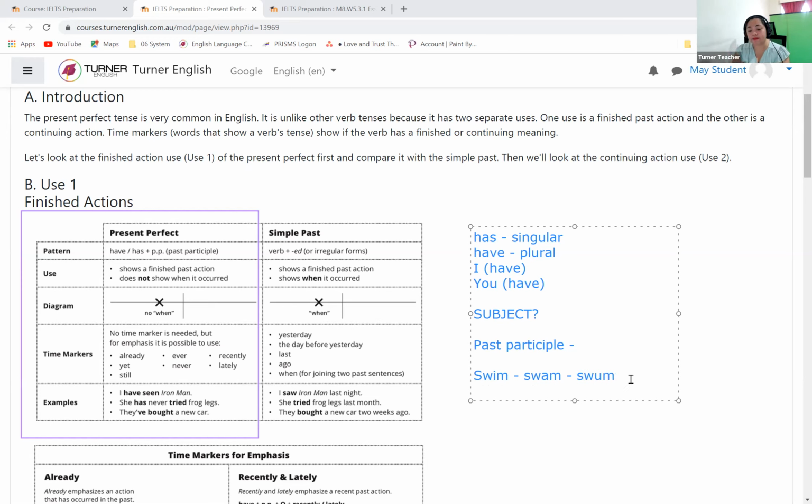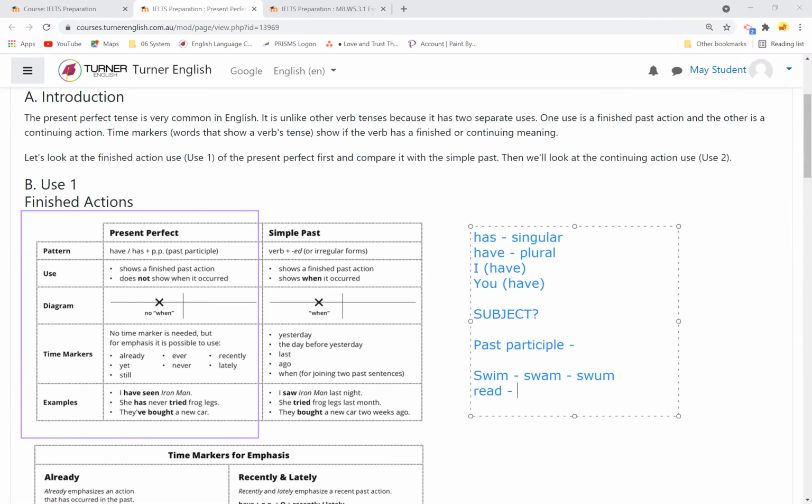Let's try again. What if our word is read? What would be the past tense of read? Read, which is the same spelling. And what would be the past participle of read? Read, which is the same spelling, but the pronunciation is different. English is a little bit confusing.